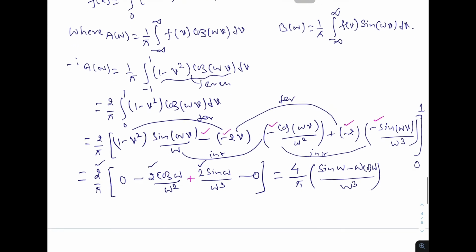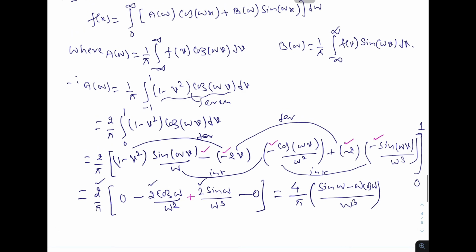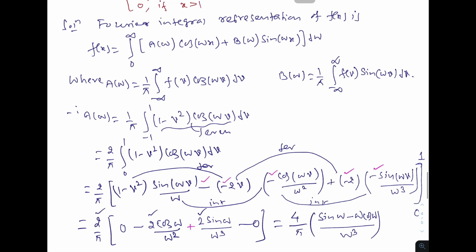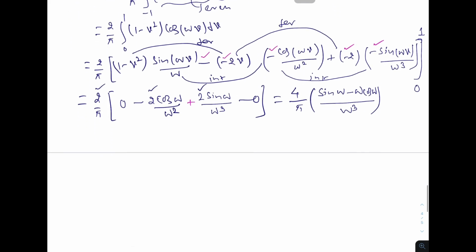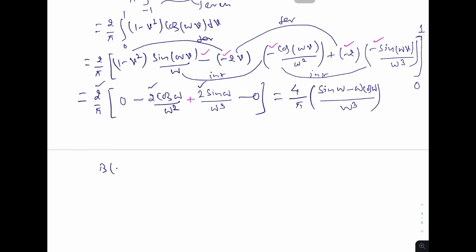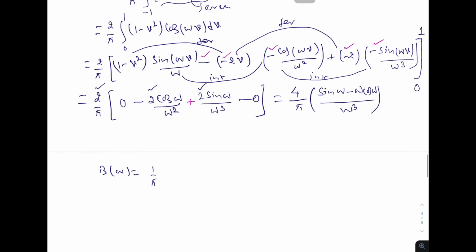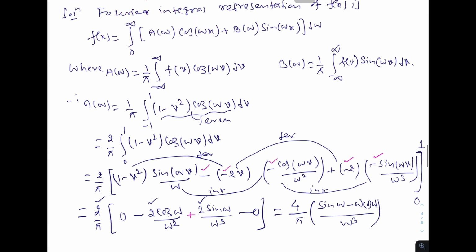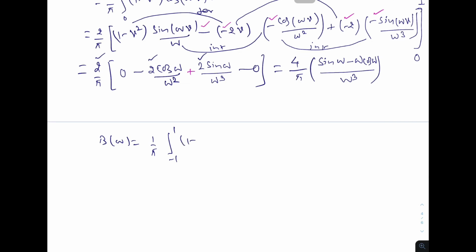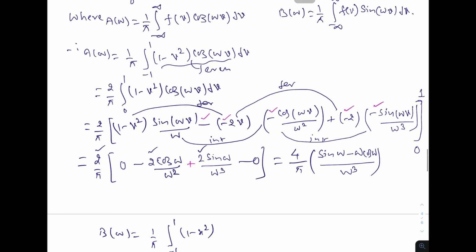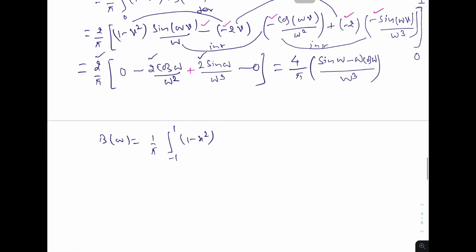Now B omega. So what is B omega? That is easy to find. B omega is 1 over pi integration minus 1 to 1, 1 minus x square sine omega v dv.